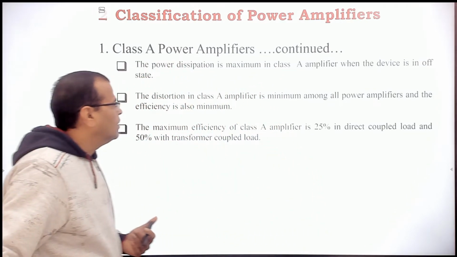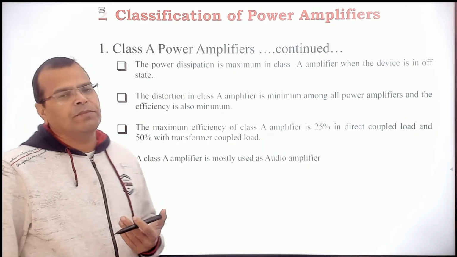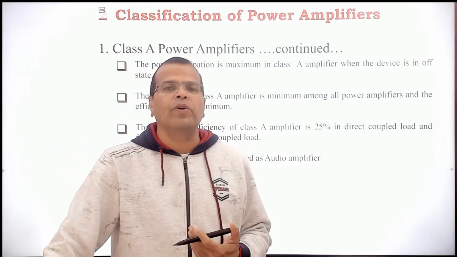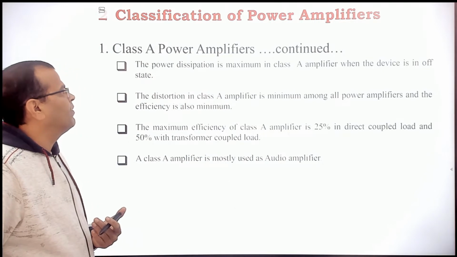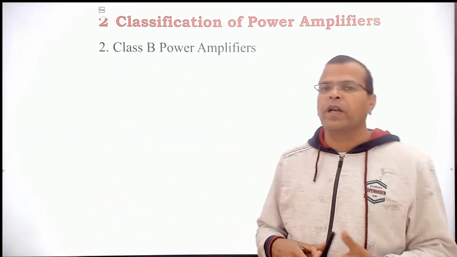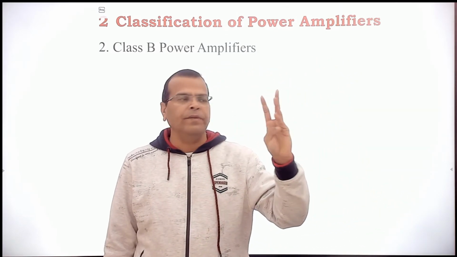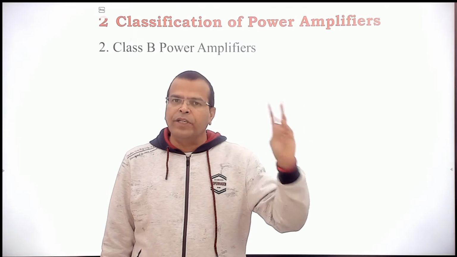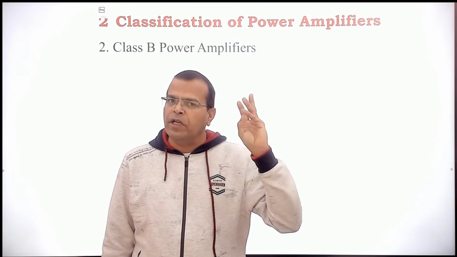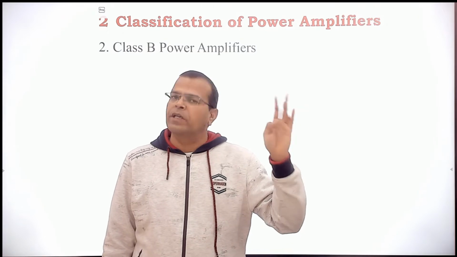Fine. So these are a few points, and remember, class A amplifier is mostly used as an audio amplifier, right? So these are the points related to class A amplifier. What are the points? One, the operating point is located in the middle of the load line. Two, it introduces minimum distortion. Three, the output signal is a sinusoidal version of the input signal, right?